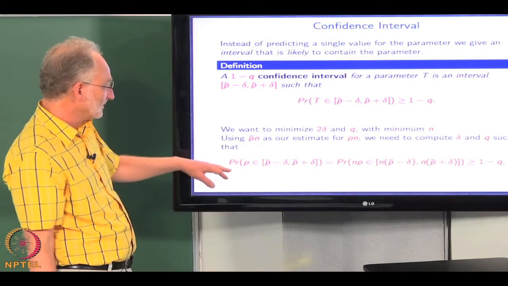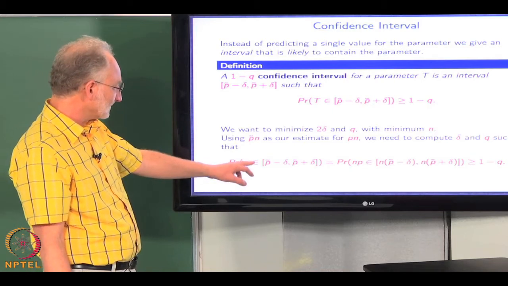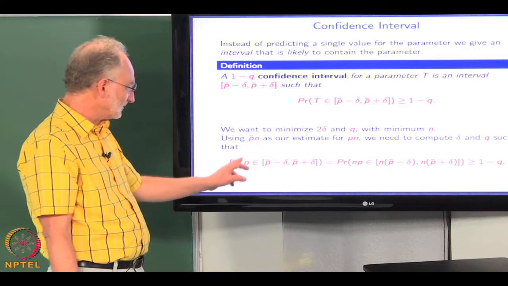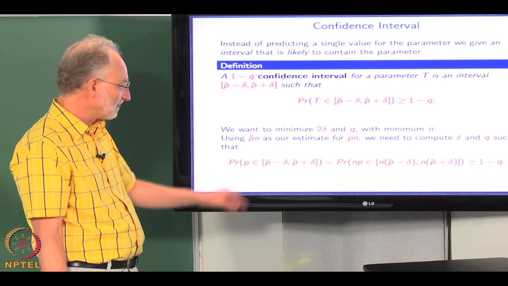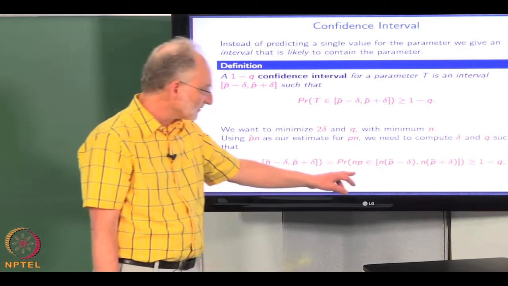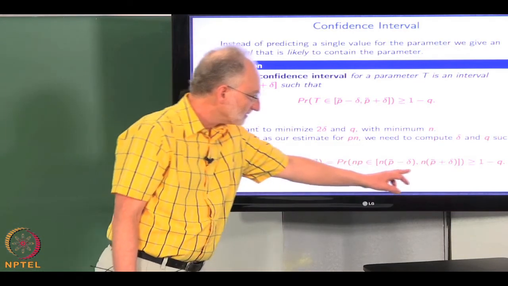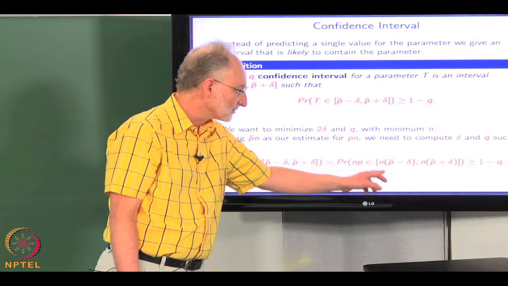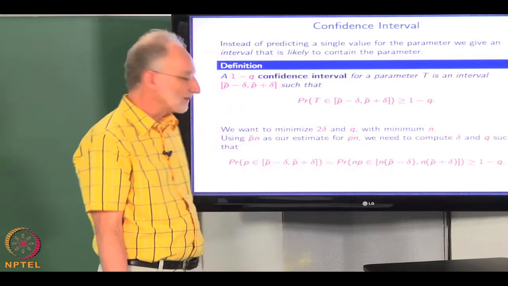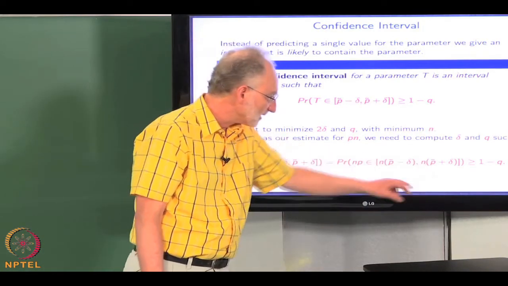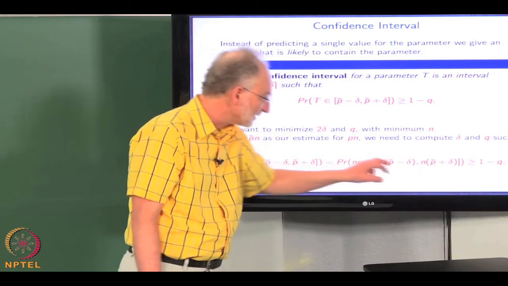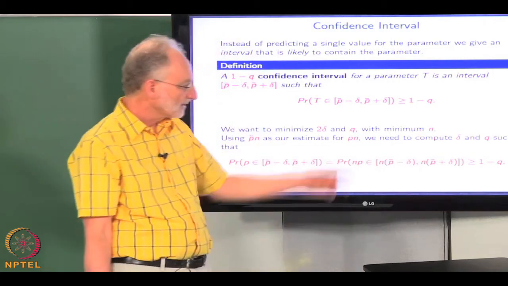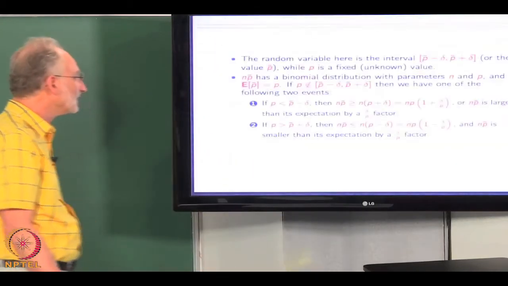You want the probability that the interval includes the real value P, which is the same as the number of positive observations you had, minus delta to plus delta, to include n times P, and you want it to be with high probability.